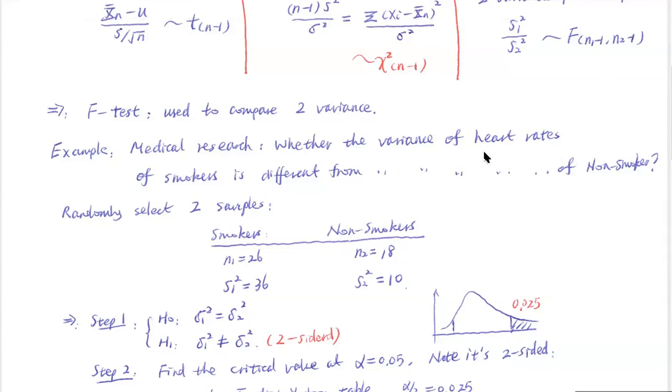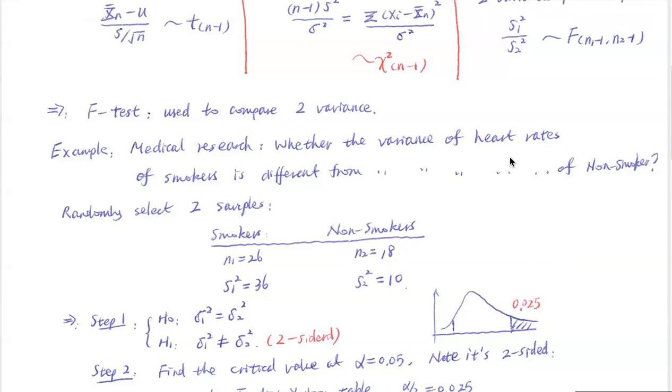Intuitively, variance means the change relative to the average. If we measure people's heart rate, unless they are exercising or sleeping, most of the time our heart rate should be relatively stable. That's the intuitive understanding.